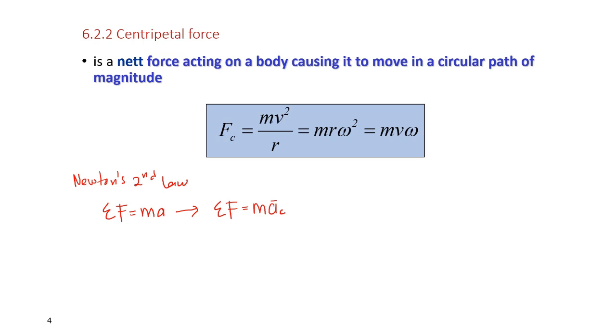The direction of Fc, the centripetal force, is the same as the direction of ac. As we learned, ac equals v squared over r. So that's why we get Fc equals m v squared over r.